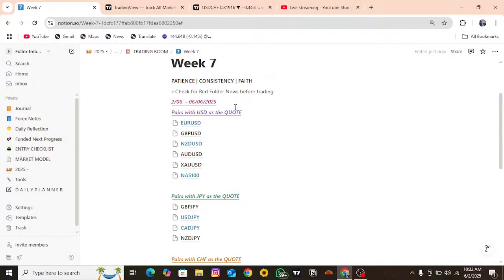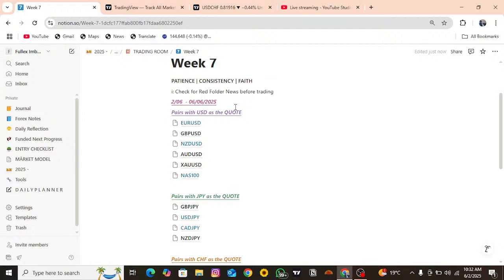For example, in the first group, I'm looking at Euro USD, Pound dollar, Kiwi dollar, Aussie dollar, gold, and of course Nasdaq. In this case, I trade only three, the ones in blue: Euro dollar, Kiwi dollar and Nasdaq.